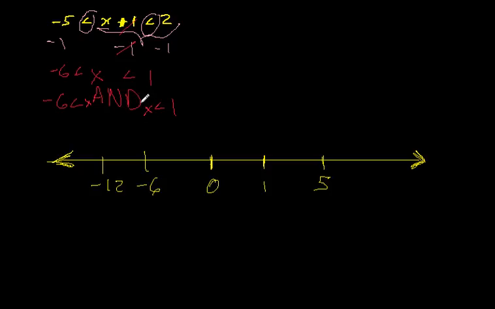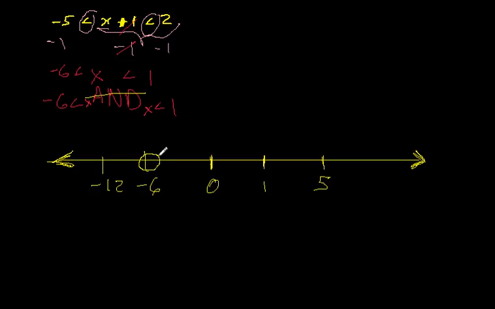The first inequality I'm dealing with is, oh, this might not be an and statement, by the way. This might be an or statement. So let's figure out why. -6 less than x, right? Is it less than or equal to, or just less than? Just less than, so my circle is going to be open.